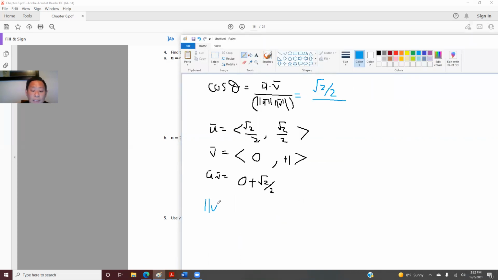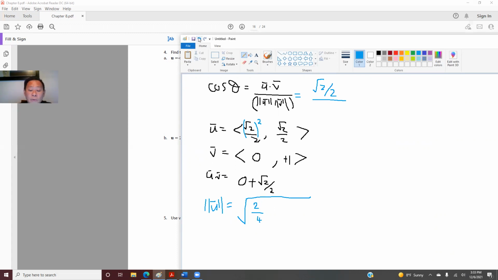Next, we need to find the magnitude of U. So you have to square this plus square this, and then you add up. Now, when you square this fellow, the square and square root will cancel. You get 2 over 4, because this will cancel, become 2, and 2 squared becomes 4.